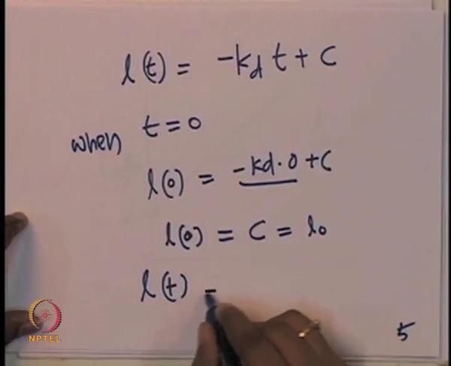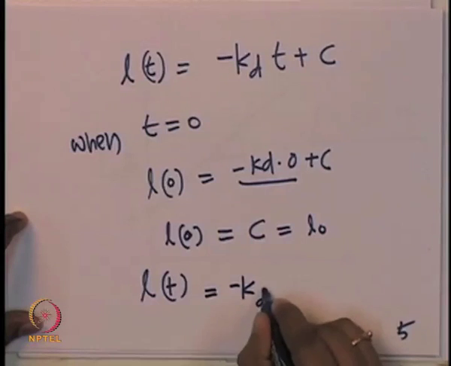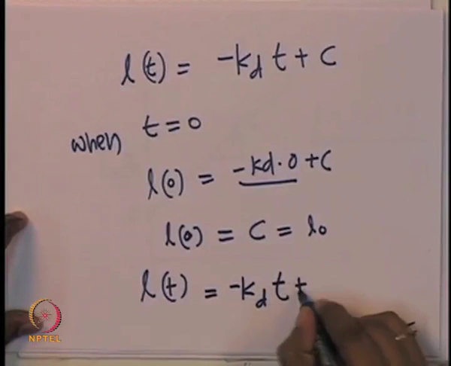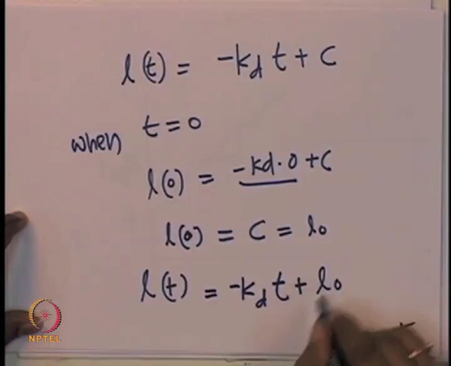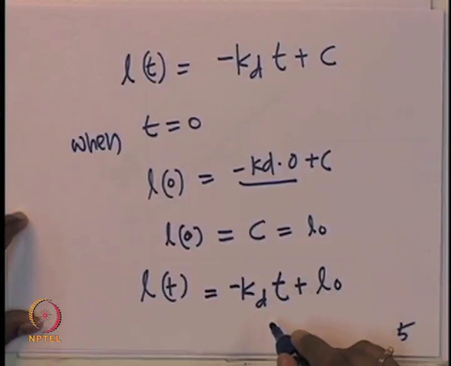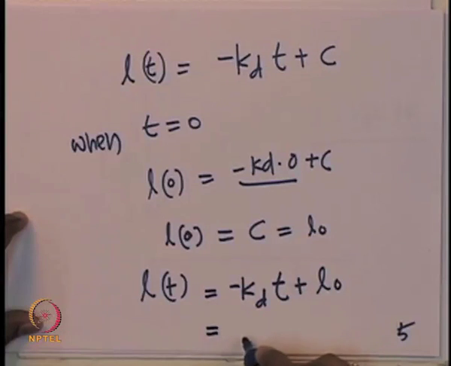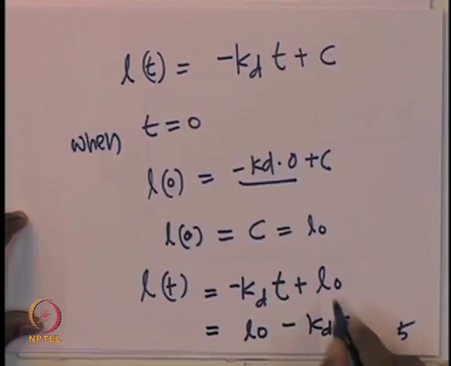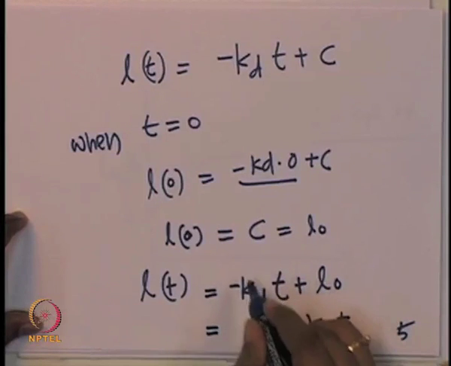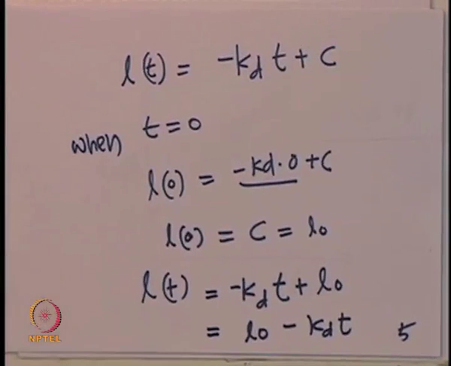So, L of t is nothing but minus Kd into t plus L0. In other words, it is L0 minus Kd t. Previously it was L0 plus, now it became minus. So, whatever the initial length, from that it decreases as time goes.